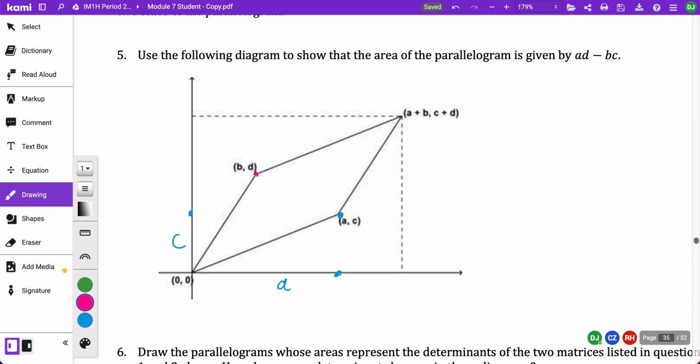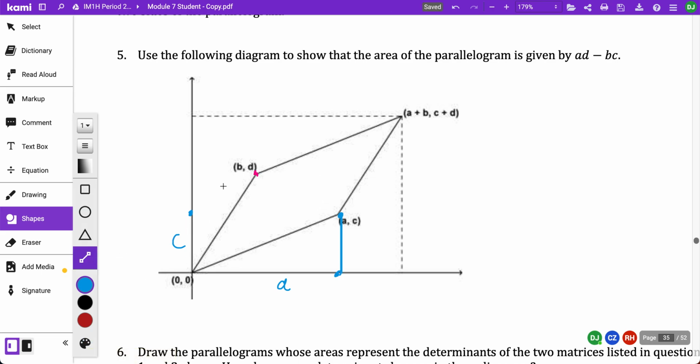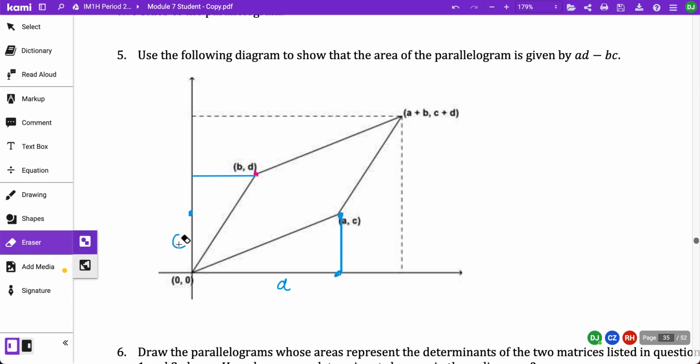So let's see. I know this was A. Let me go and come back over here. This right here, which we said before, is the height of C, so that's good. And then over here, we said that this horizontal distance was B, and this vertical distance of the whole thing was C. So let's go ahead and show what I have so far.